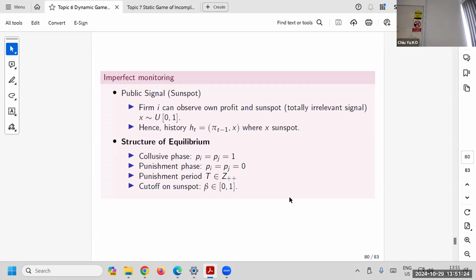The problem with grim trigger is that if we always punish, then you can never sustain collaboration. So here the sunspot we will be using means we will take action based on some random event. You may punish or you may not punish, because I don't know. So that is the main criteria.